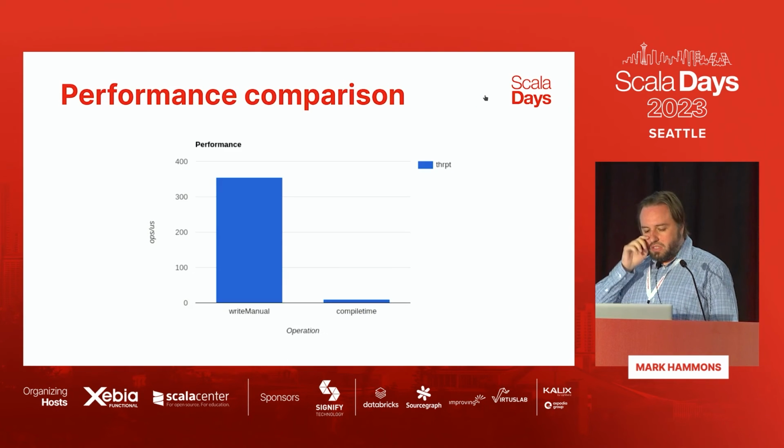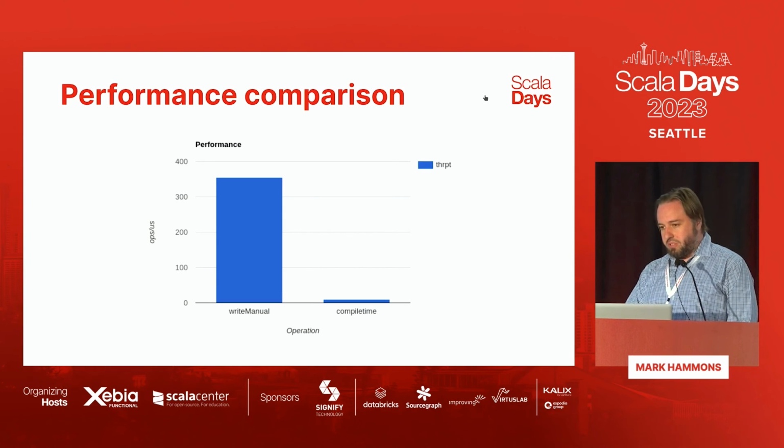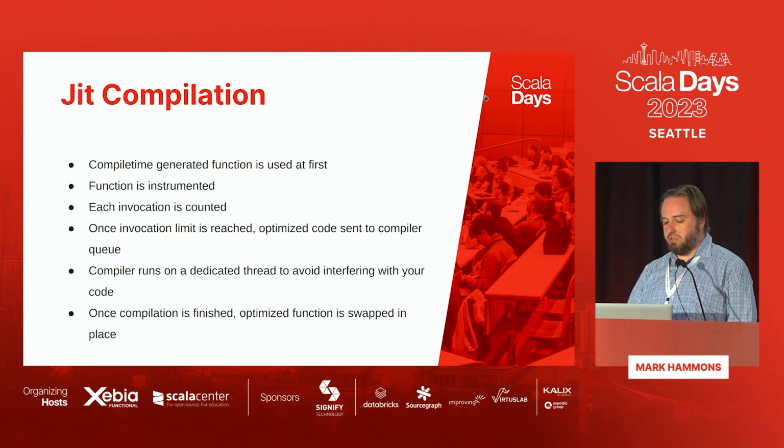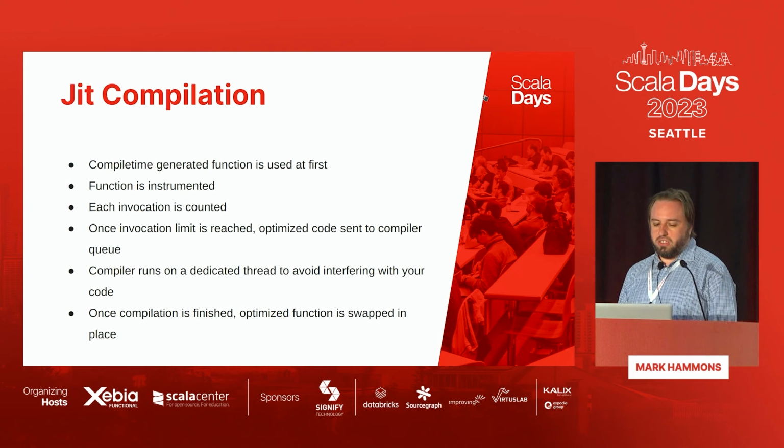Well, it's not, if you're just using the compile time generated code, which is why I stopped trying to do that. Instead, I use something in Scala 3 called runtime multistage programming to do JIT compilation. At first, Slinc uses the compile time generated code and it instruments it.